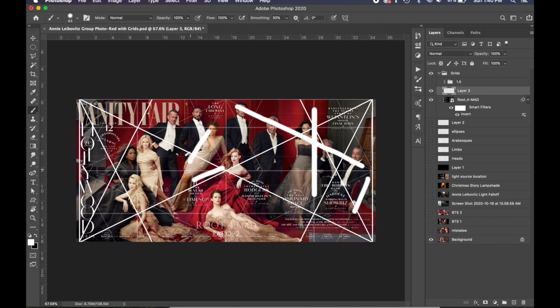And this is the Root 4 MAD, the major area divisions. So you can see Oprah split right there at that vertical. So is her head. This arm is paralleling the Baroque diagonal. This guy's head is right on that cross point here.